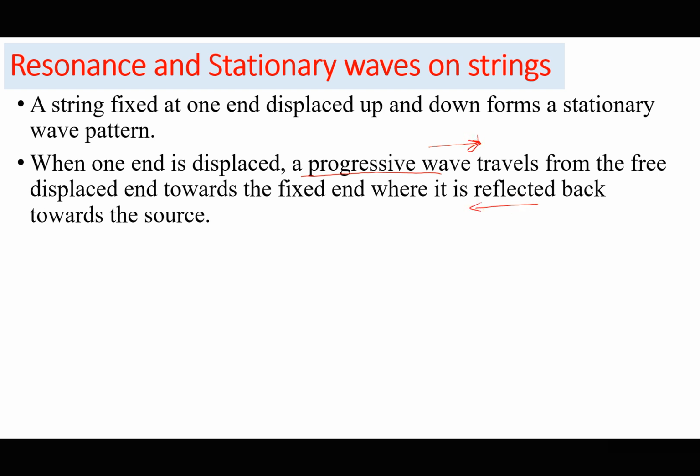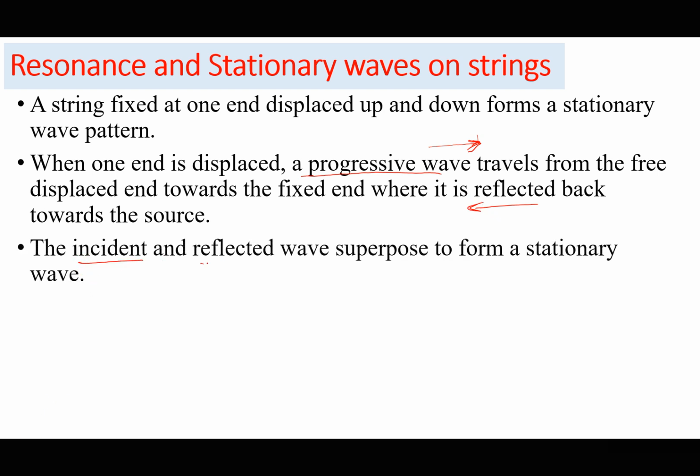So we have a progressive wave towards one end and it is reflected back towards the source. And when the incident and the reflected wave superpose, or they meet at a point, they form a stationary wave.